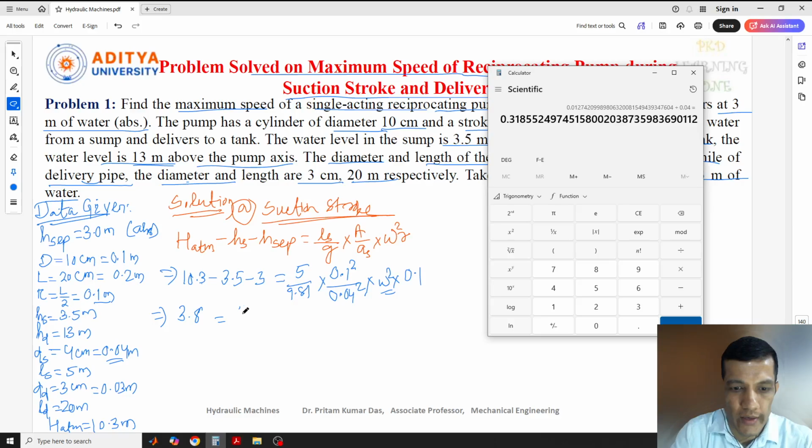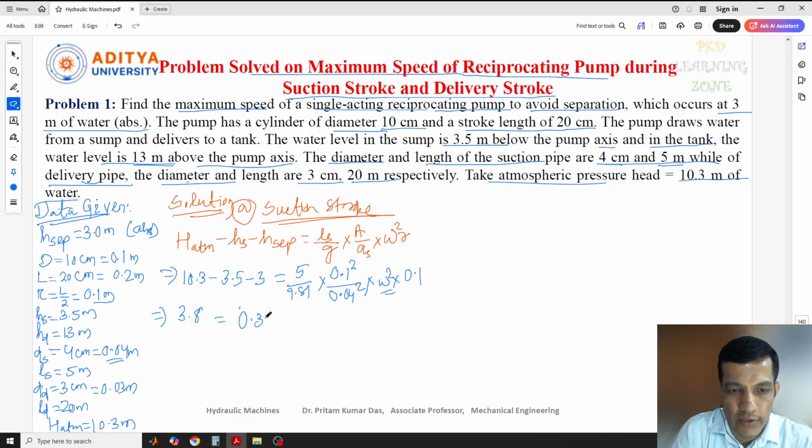This much is multiplied by omega square, correct? So this is 0.318 omega square. Now I will write omega square on one side, and this is 3.8 divided by 0.318. Same thing, omega equal to root over of 3.8 divided by 0.318.